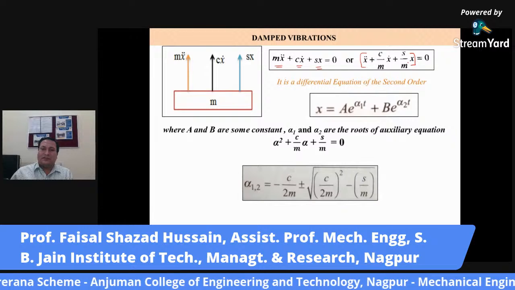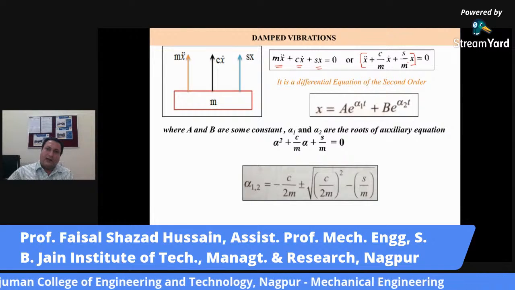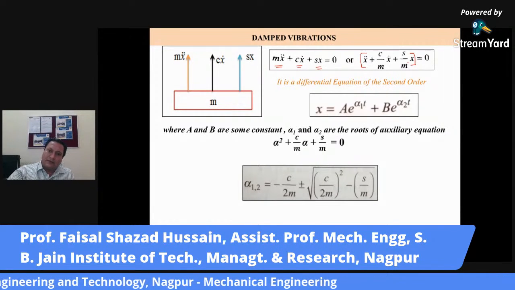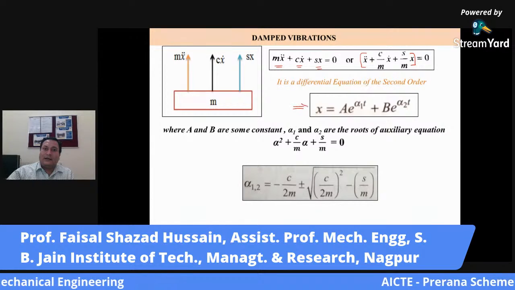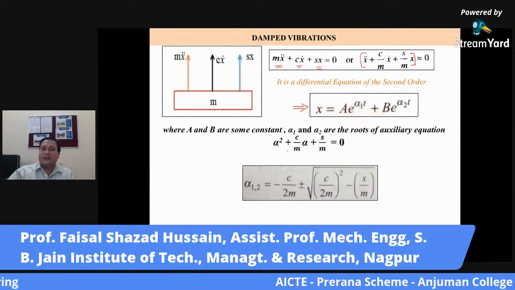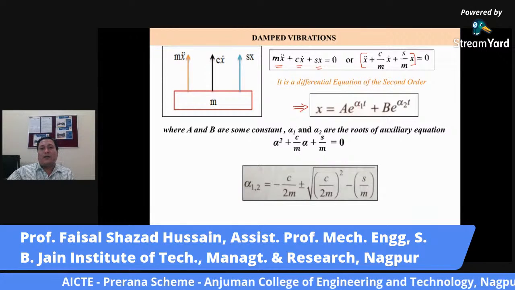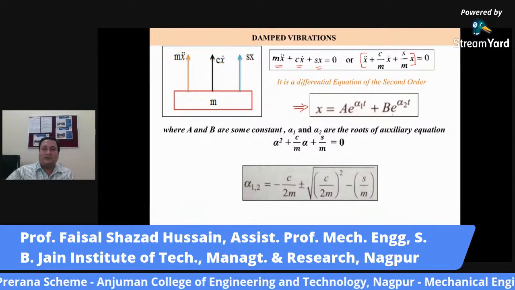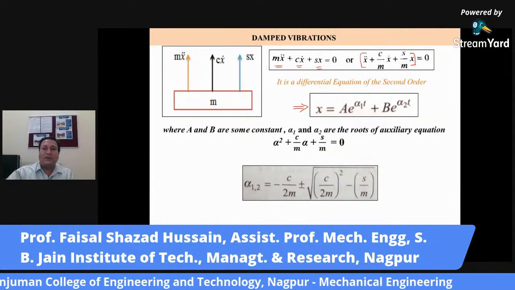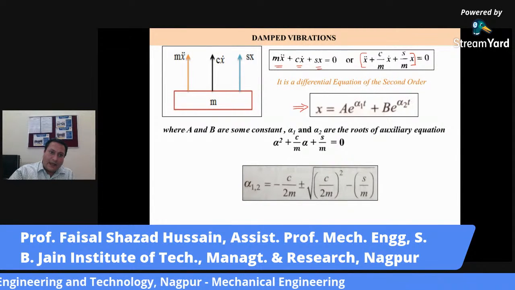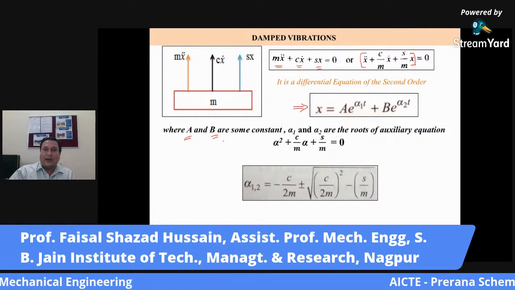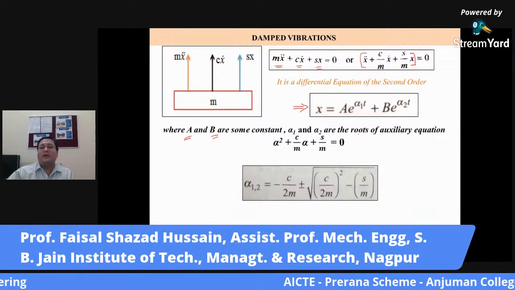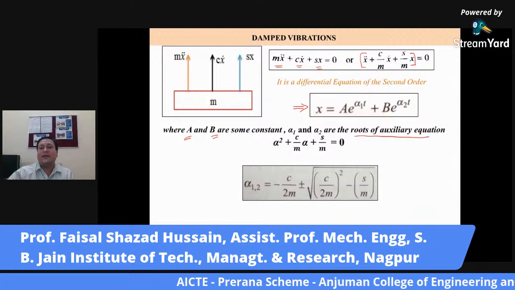And if it is a differential equation of second order, then after solving this equation, we will get this relation: x equal to a exponential raised to power alpha 1 t plus b exponential raised to power alpha 2 t. Here a and b are some constants, and alpha 1 and alpha 2 will be the roots of the auxiliary equation.